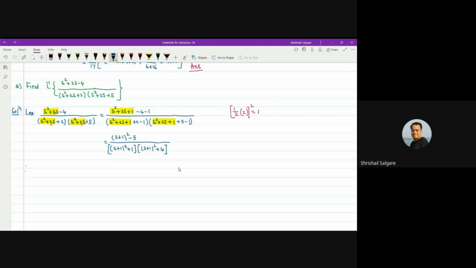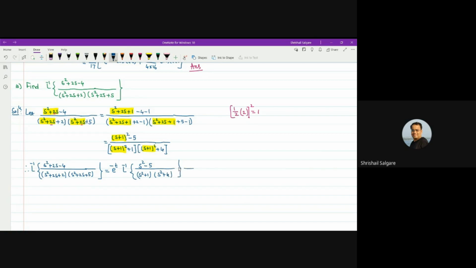Therefore, by using the first shifting theorem, L inverse of s square plus 2s minus 4, that whole divided by s square plus 2s plus 2 into s square plus 2s plus 5, can be written directly. By the shifting theorem, everywhere you are having s plus 1, outside I have to write e to the power minus t into L inverse of, replacing s plus 1 by s, s square minus 5 divided by s square plus 1 into s square plus 4.